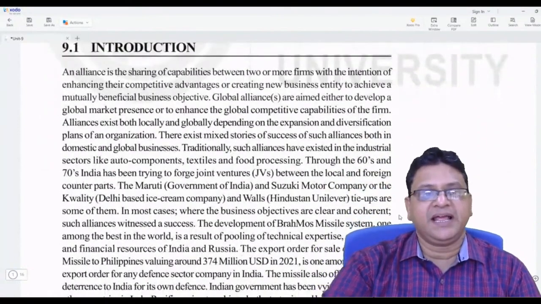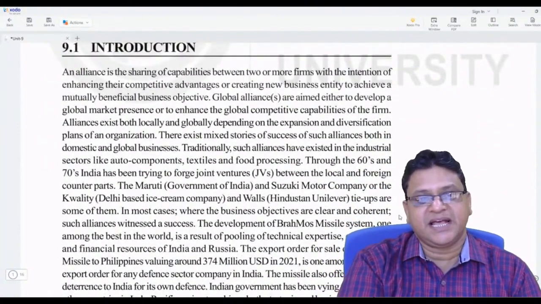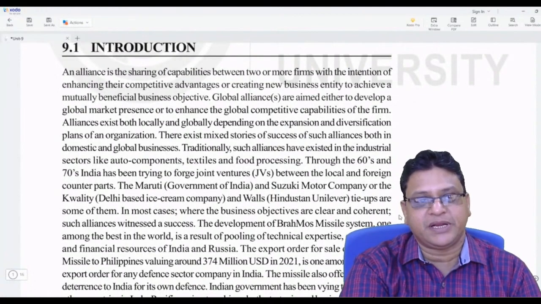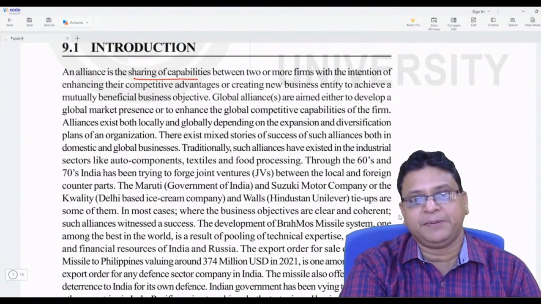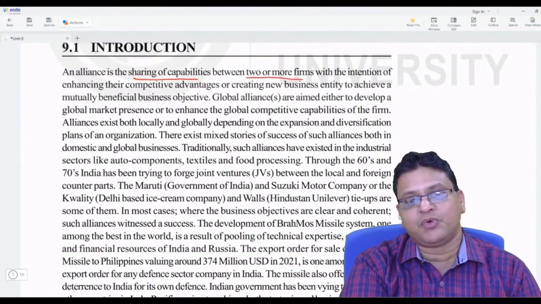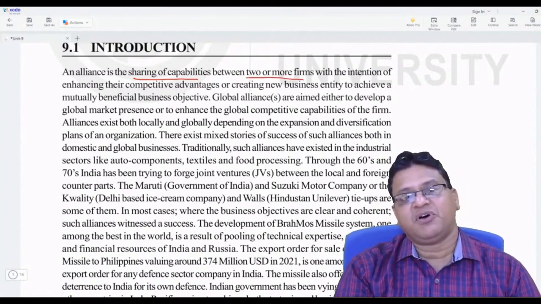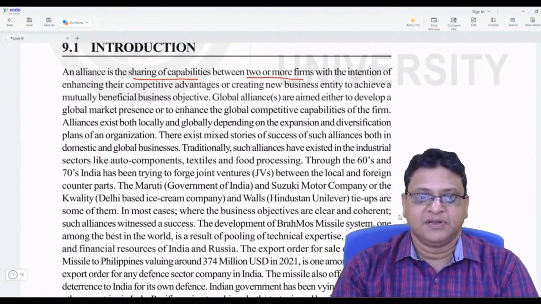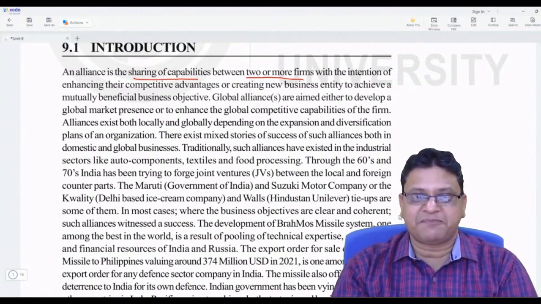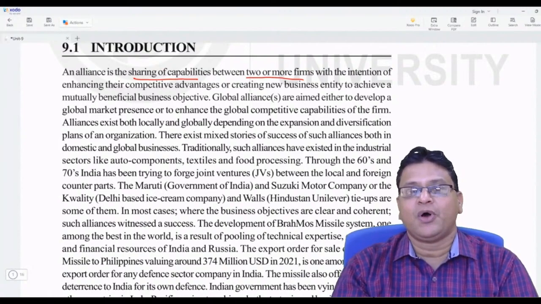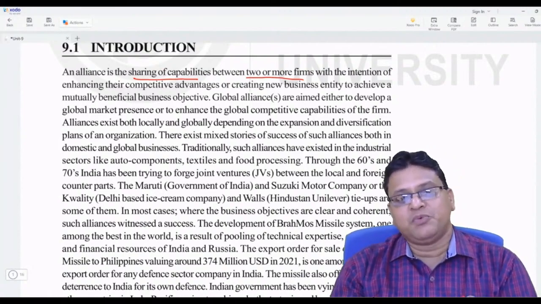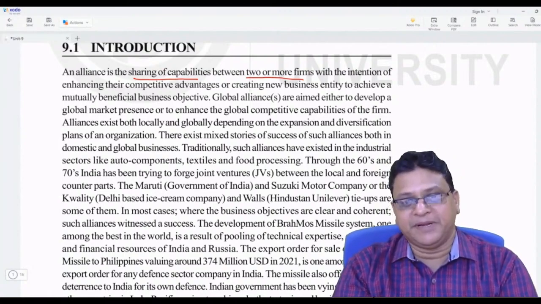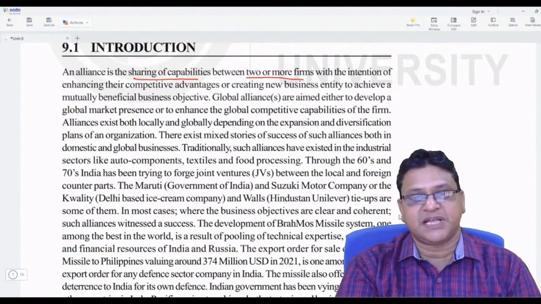Friends, an alliance is sharing of capabilities between two or more firms. It means for an alliance, minimum two firms are required. So an alliance is the sharing of capabilities between two or more firms. What is the intention of sharing?